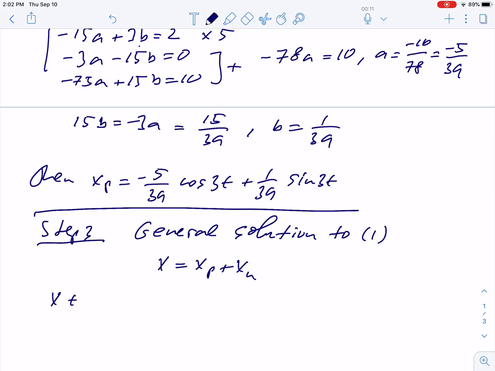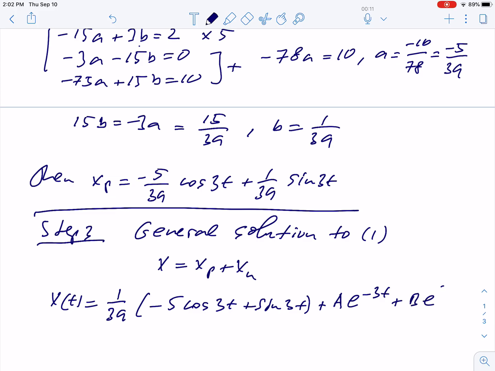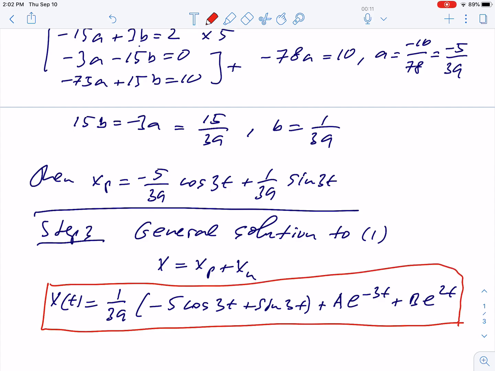So in our case, the general solution x(t) will be: look here, when I'm writing the particular solution, I can factor 1 over 39 and inside negative 5 cosine 3t plus sine 3t. And then we write the general solution of the homogeneous, which was a exponential negative 3t plus b exponential 2t. And that's all. We found the general solution for our non-homogeneous equation.